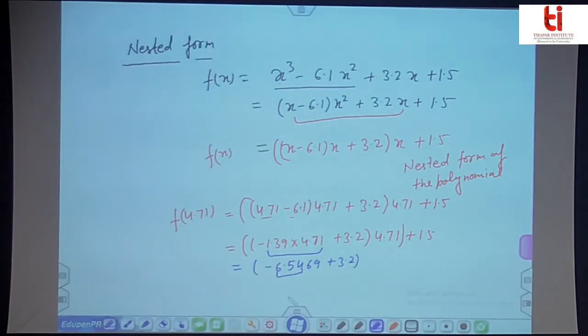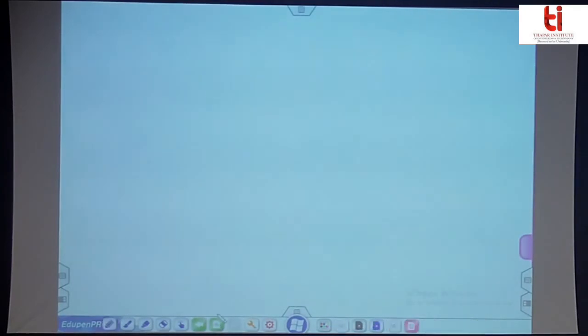We are using chopping here. Okay, so chopping, that's why we can cancel this series here. So what we are getting here is minus 6.54 plus 3.2 into 4.71 plus 1.5. We are getting minus 3.34 into 4.71 plus 1.5.